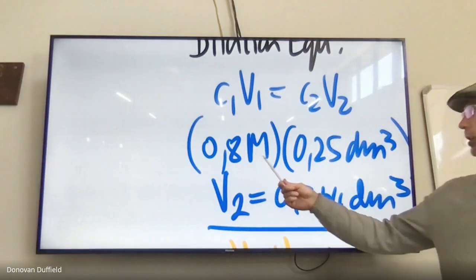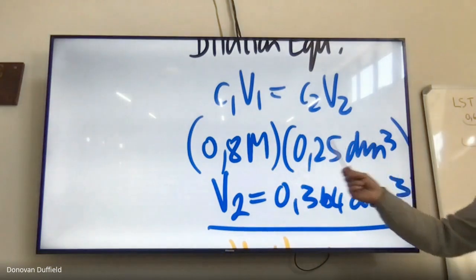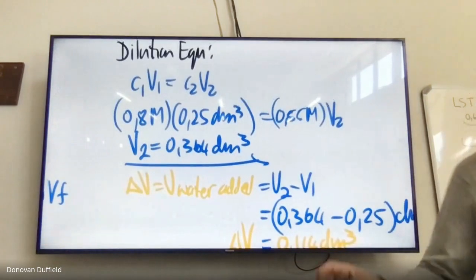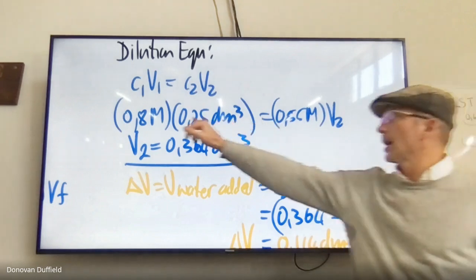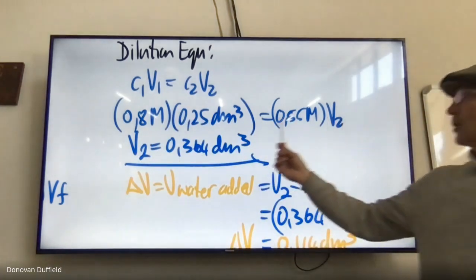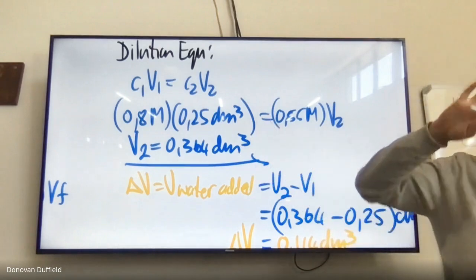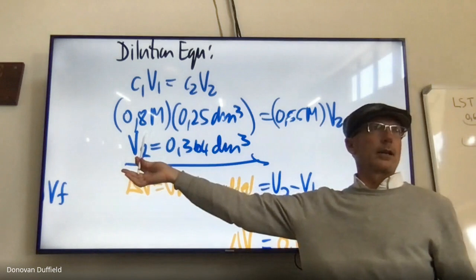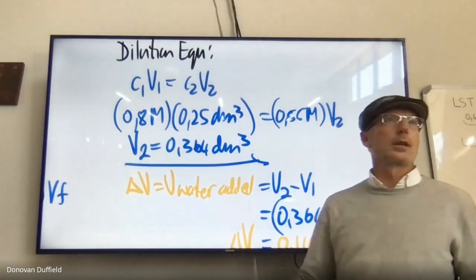So mole divided by cubic decimeter times cubic decimeter will give you mole. But your mole cancels on the other side. Can you see these actually cancel? So it just gives you a volume in cubic decimeters. If you do unit analysis, can you see the mole there and the mole there cancel out? It just gives you cubic decimeters.